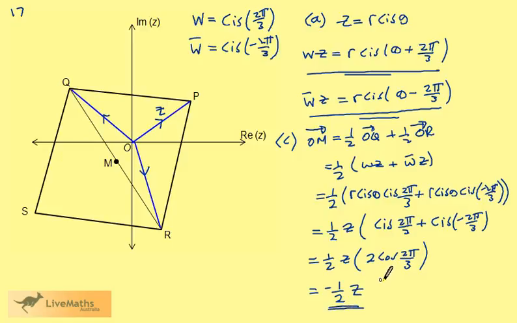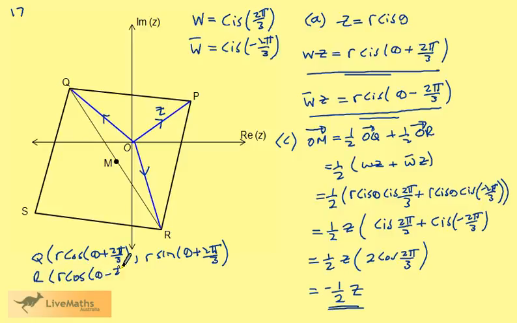There are other ways of getting this result, although they are related. For example, one idea that I tried was taking the fact that Q would have coordinates r cos theta plus 2 pi by 3 and r sine theta plus 2 pi by 3, and that R would have coordinates r cos theta minus 2 pi by 3 and r sine theta minus 2 pi by 3.